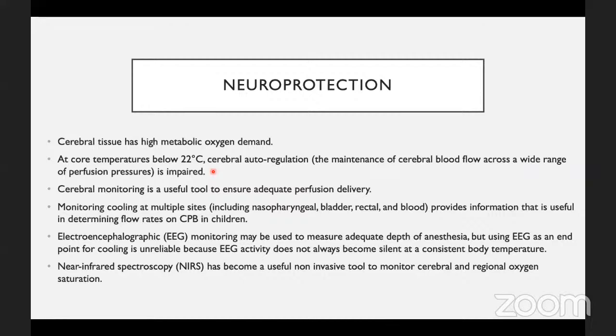So if your perfusion is set at 40 degrees, your myocardium and your brain, which gets the immediate blood supply from the cannula, is being perfused at 40 degrees. So always remember that, mentally keep that in mind, that your brain and heart are always being perfused at higher temperatures.